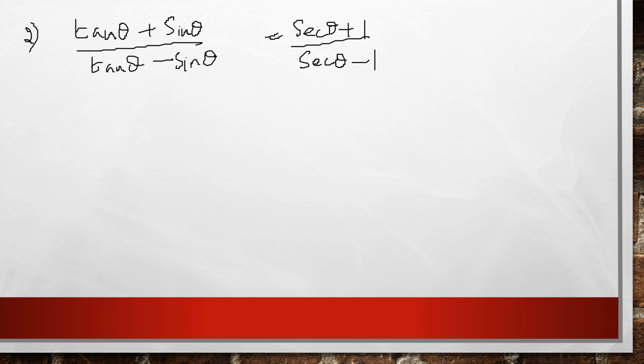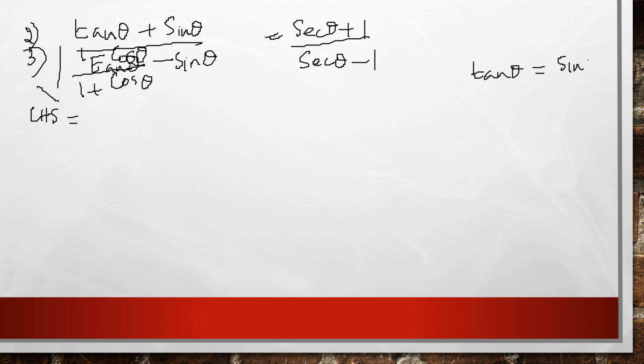Question is (tan theta plus sine theta) divided by (tan theta minus sine theta) equal to (sec theta plus 1) by (sec theta minus 1). So here let us take LHS. We have tan theta plus sine theta. So the maximum we can do with this tan theta is write tan theta equal to sine theta by cos theta.